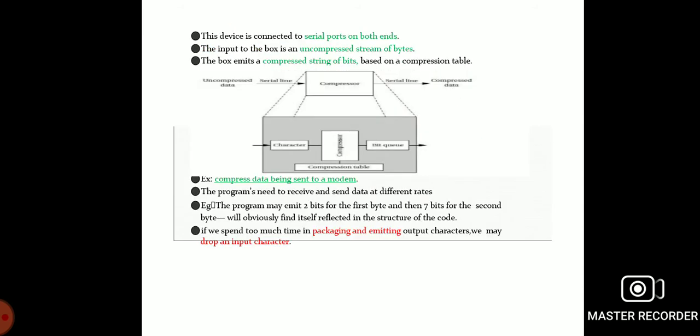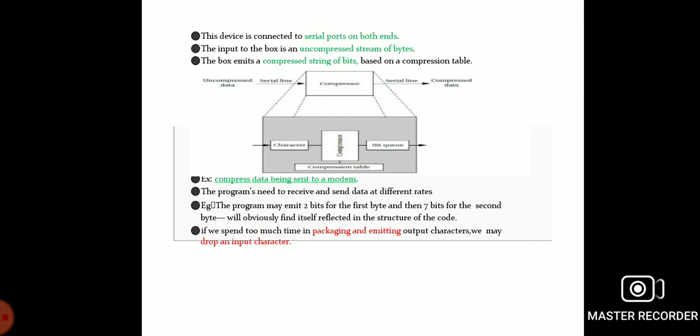Now we can see this device is connected to a serial port on both ends. The input to the box is an uncompressed stream of bytes. It is an example of compressed data being sent to modem systems, a real-time modem system. The box emits a compressed stream of bits based on a compression table.